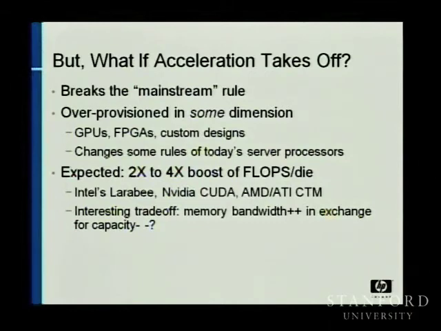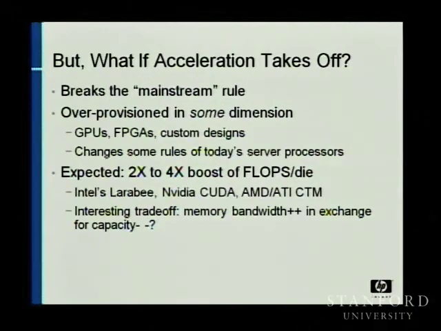So they all change a rule somehow. And if you look at it, you kind of expect somewhere between a 2x and a 4x multiplier over a mainstream part. So if we're in that 400 gigaflop era at the end of 11, then we would be at somewhere around a teraflop with some kind of accelerated chip.